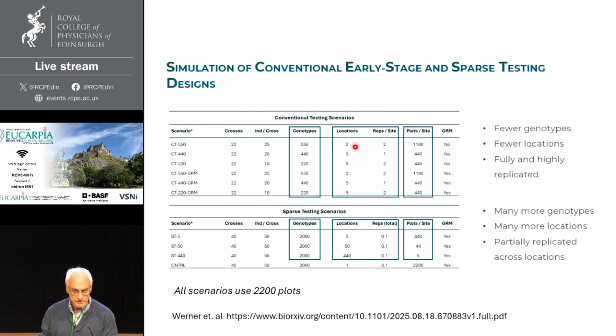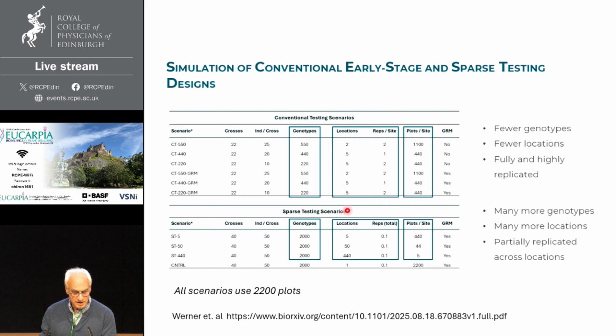In the conventional testing schemes, 2 to 5 locations, replicated or unreplicated, number of plots per site ranging from 440 to 1,100. These 3 scenarios were run without generating a GEBV from the genomic relationship matrix, and with the GEBVs.